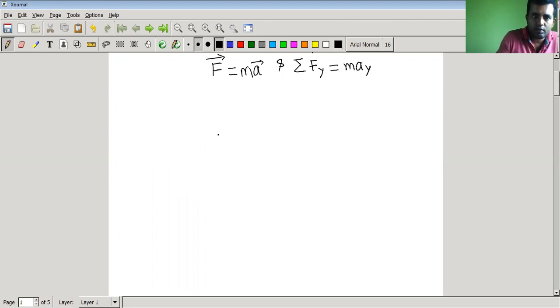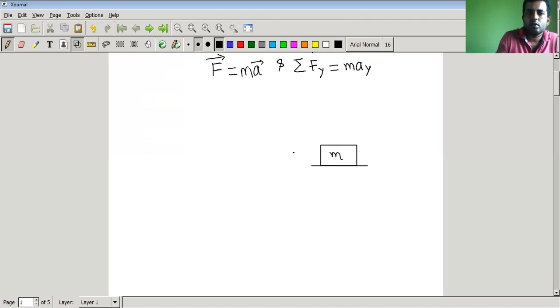So let us take the simplest example to start with. Let us say we have a block here, and let us say there is no friction here. This is smooth. Unless mentioned, we'll talk about smooth surfaces, so no friction, and its mass is m.